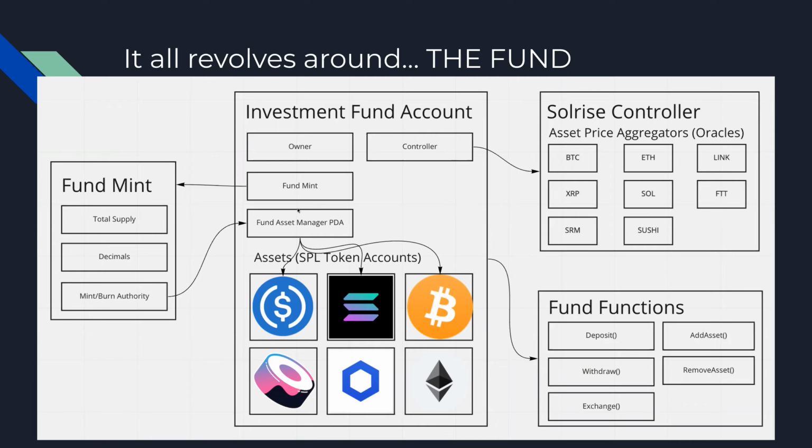We have the PDA, or program derived account, within that fund that is able to control all these assets and trade them and control those accounts, as well as mint and burn the fund tokens, the fund shares.